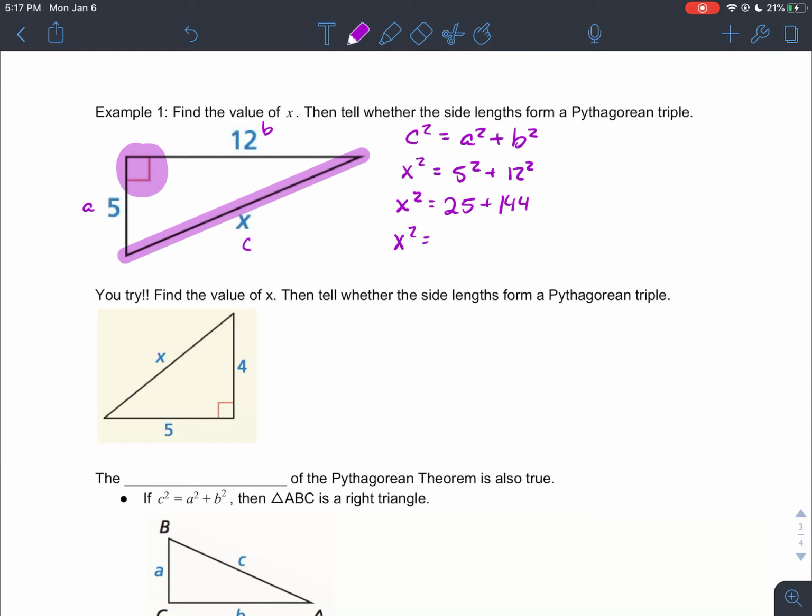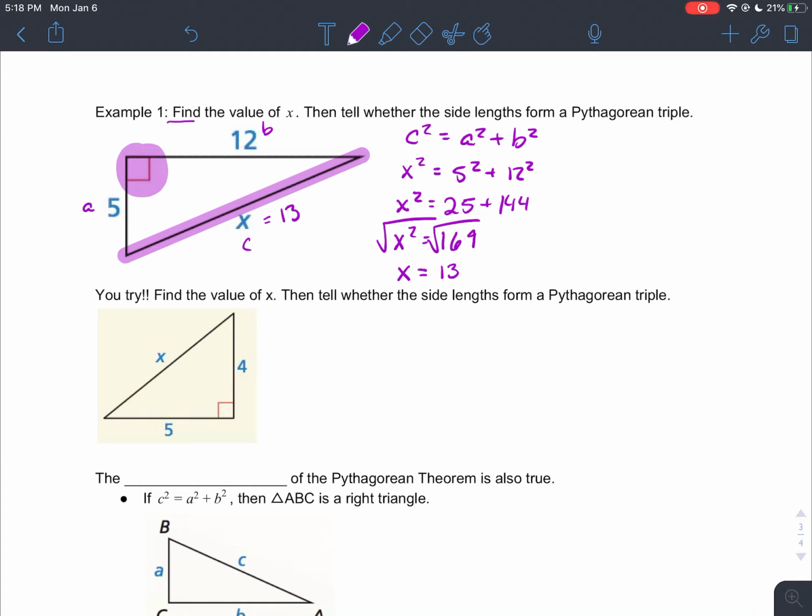Yep, it is. It's 169. All right, equals 169. And then does anybody know off the top of their head what the square root of 169 is? All right, good job, folks. The square root of 169 is 13. So side A is 5 units, side B is 12 units, and side C is 13 units.